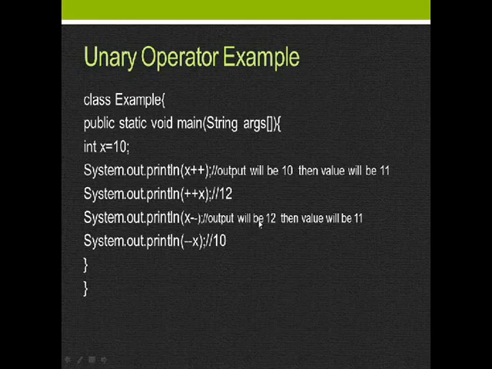That is, the output will be 12, then the value will be decreased to 11. Now System.out.println(--x) means before printing it will be decreased, that is 11 to 10. The 10 will be printed here.